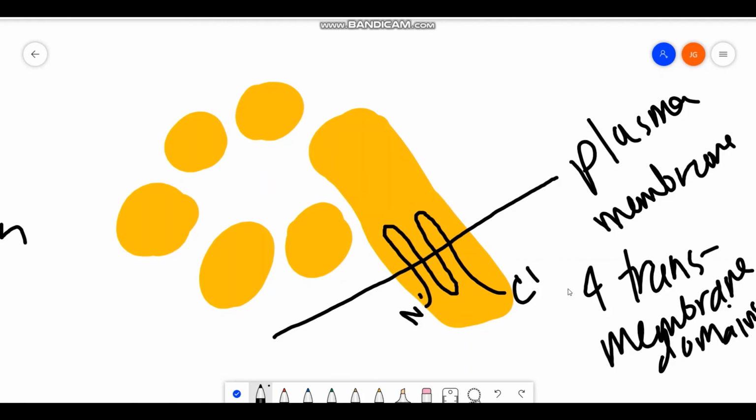So this black structure here, with your N terminus and C terminus, is going to cross through the plasma membrane 4 different times. That's actually what your connexin is going to look like. This is actually going to be a little longer than that, but you get the picture.